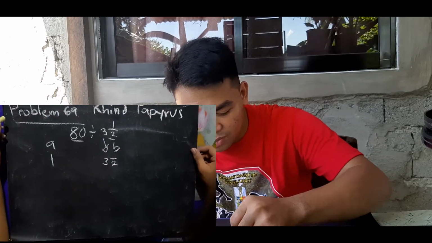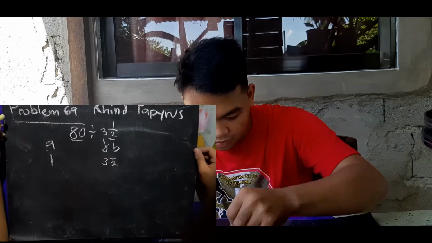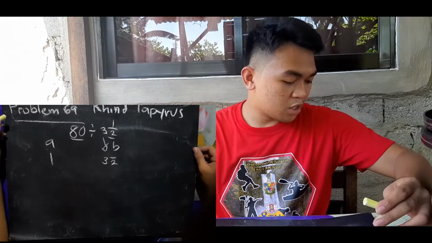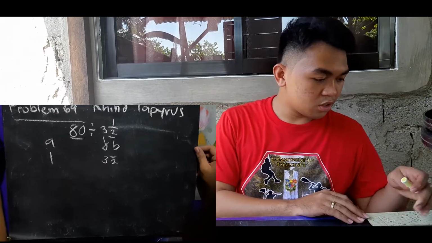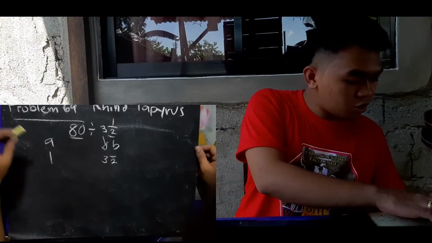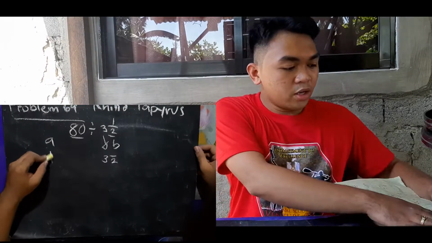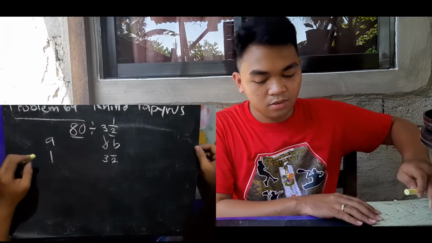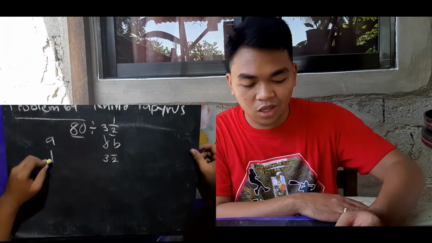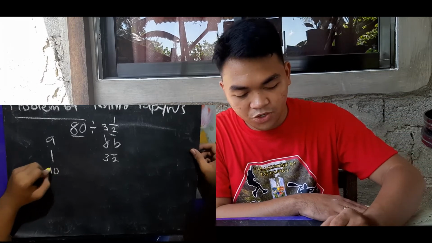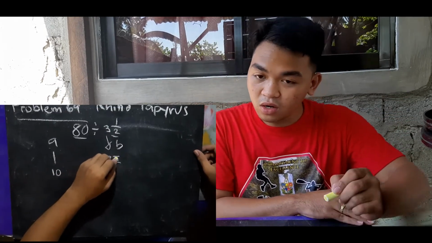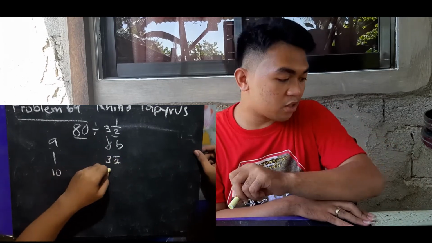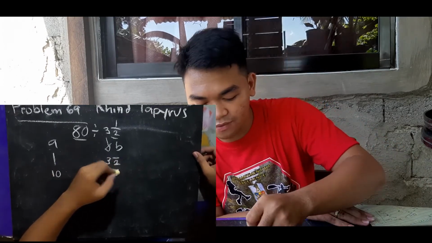As I've learned by studying this problem, the first thing we should do is multiply the first line by 10. So 1 times 10 is 10, then 3 and 1/2 multiplied by 10 is 35.